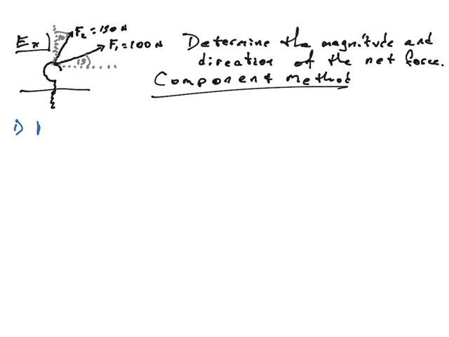So let's look at F1. F1, I need an x piece and a y piece. Okay. I'm going to draw it here and then erase it just so I have some room. Here's F1. Here's the horizontal. Here's the vertical. I know this is 15 degrees here, and I know this is 100 newtons.